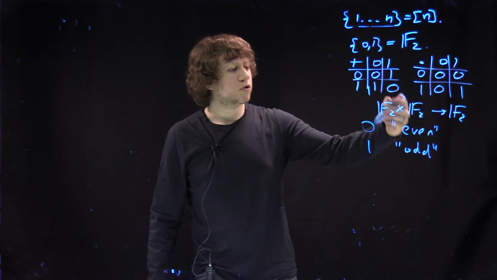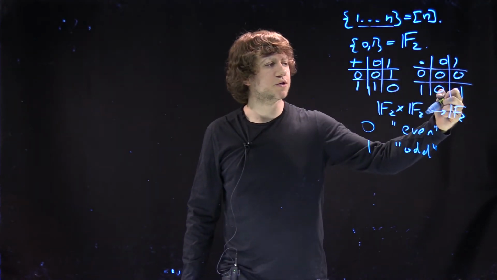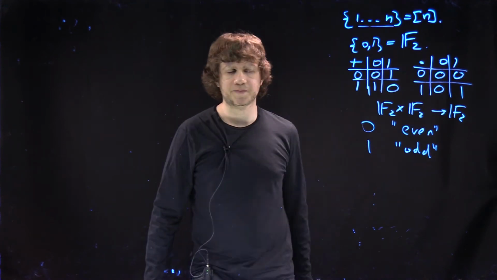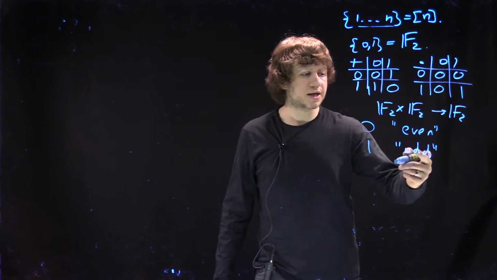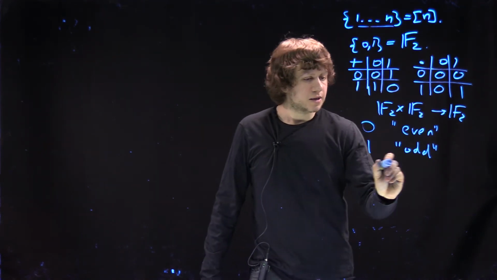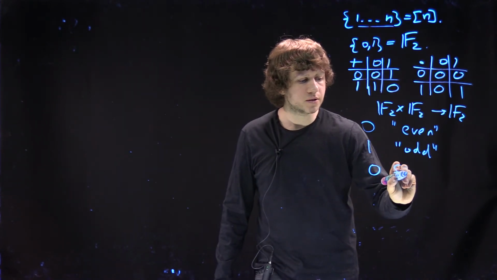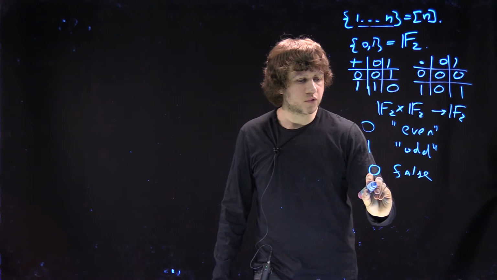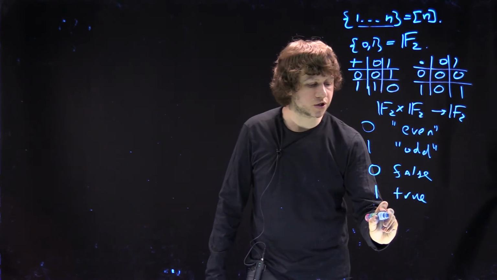And you know that even times odd is even, even times even is even, odd times odd is odd. This reconstructs the multiplication part. Addition is just, you add numbers and think whether the sum is even or odd. There is another way. One can think of 0 as false, and 1 as true. And then addition will be an operation called OR.